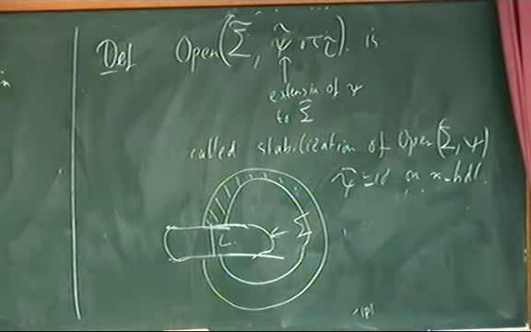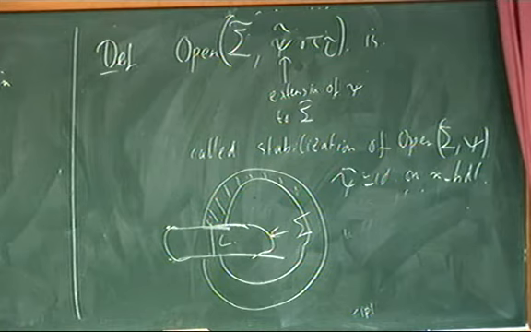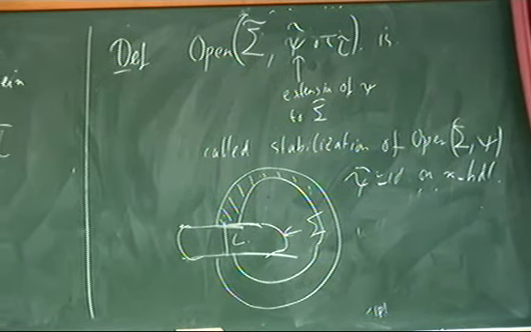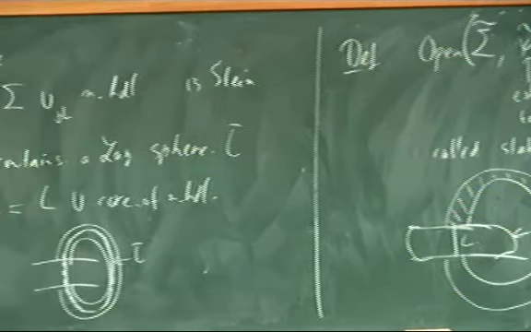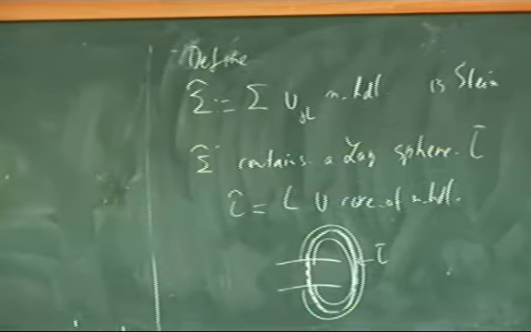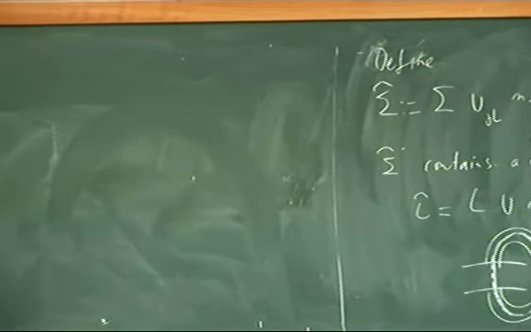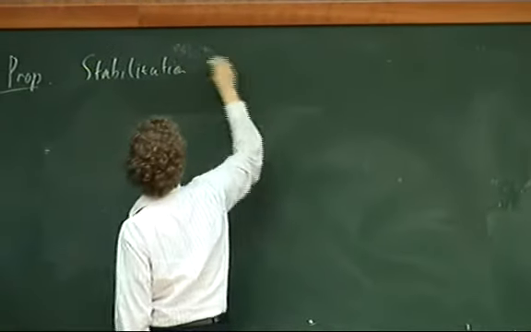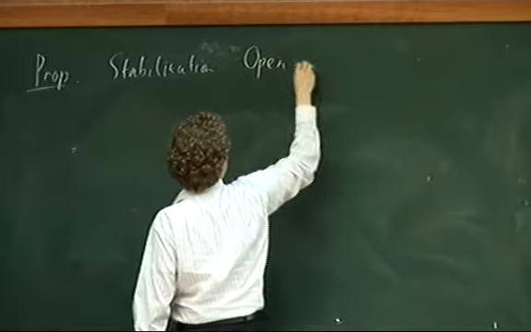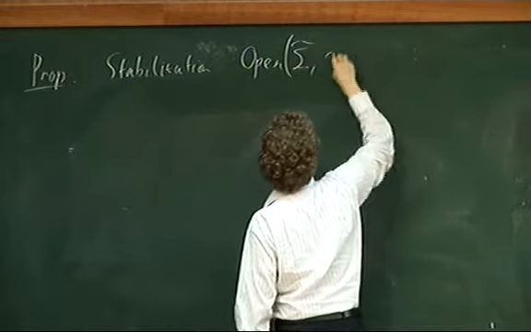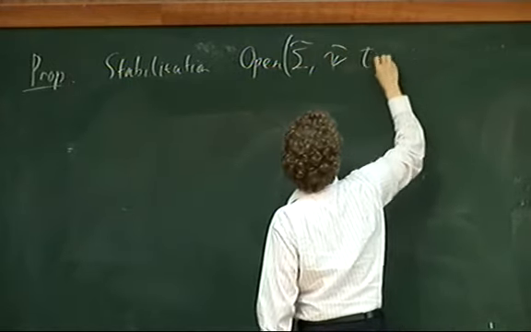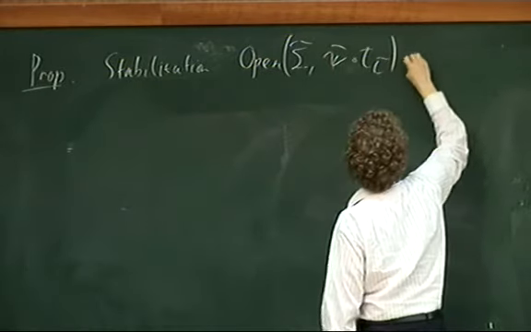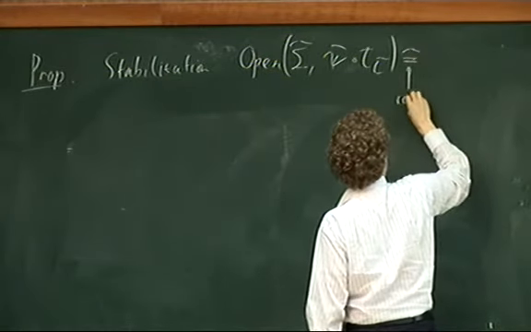Right? Okay, and then we have a proposition about this: namely that the stabilization is actually contactomorphic to the original manifold. So the stabilization, the open book sigma tilde, psi tilde, is contactomorphic to the contact manifold.